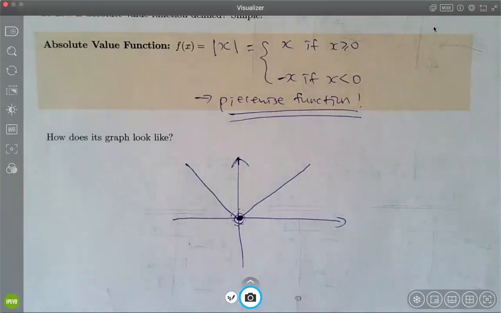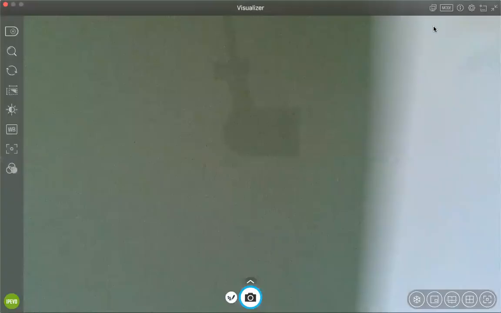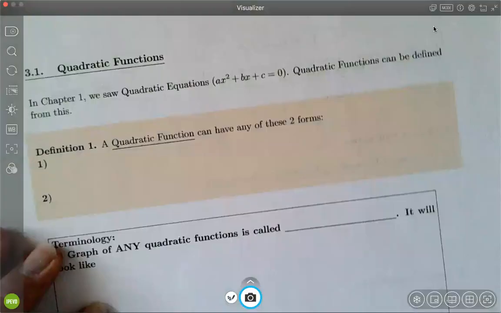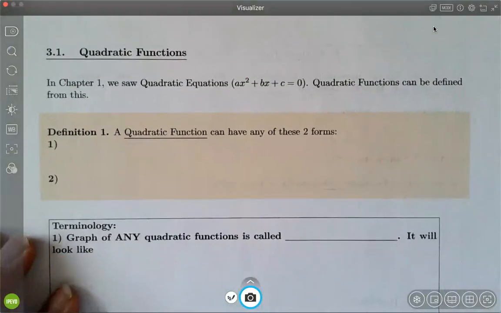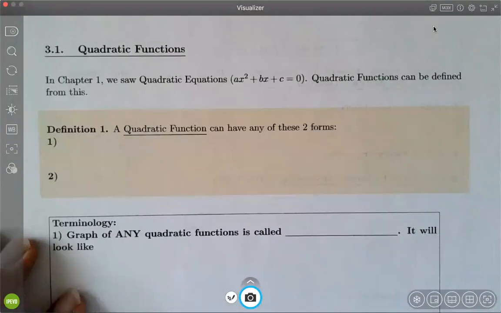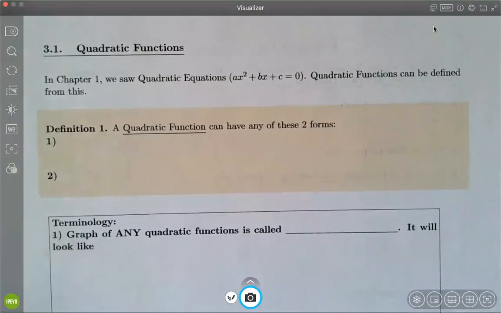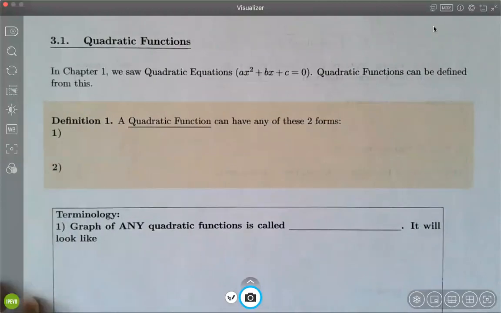Okay, so now the next one is 3.1, quadratic functions. Now in chapter 1, we saw quadratic equations which look like ax squared plus bx plus c equals 0. A quadratic function can be defined from this.